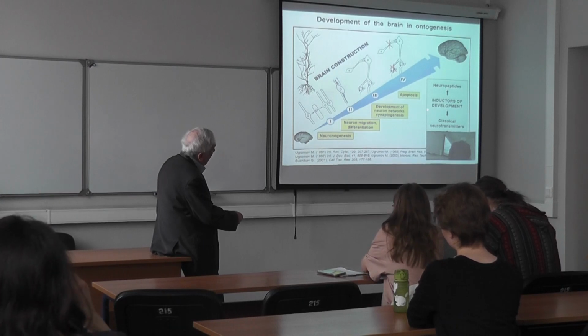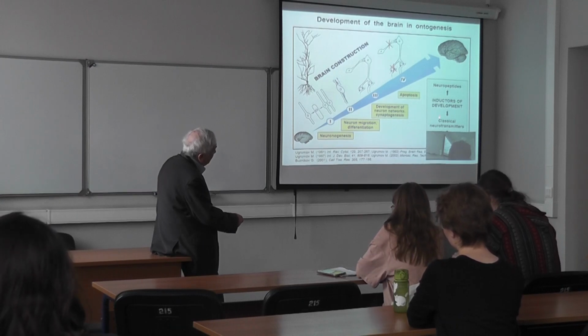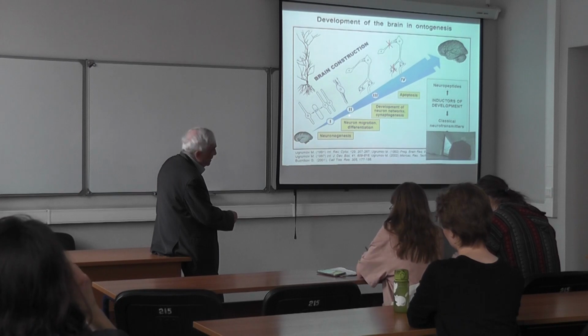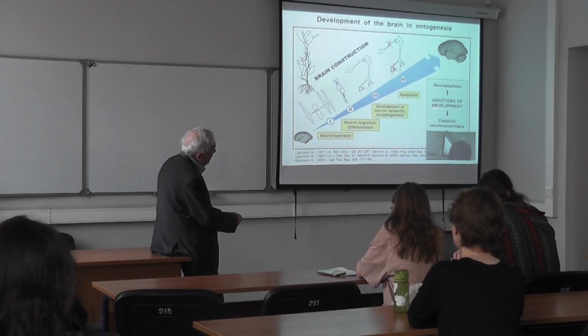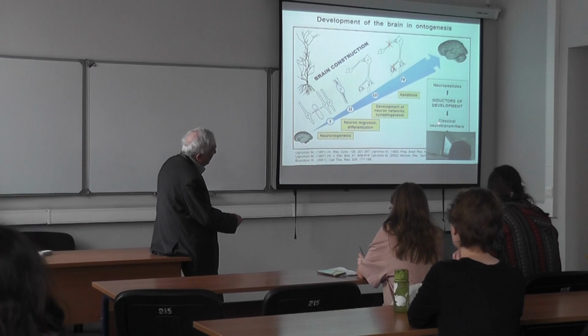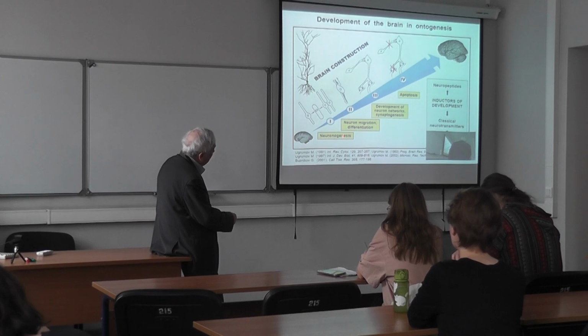It should be mentioned that at any step of the development of the brain, there is a control of the development by physiologically active cells, by neuropeptides, or classical neurotransmitters, monoamines, acetylcholine, etc., etc.